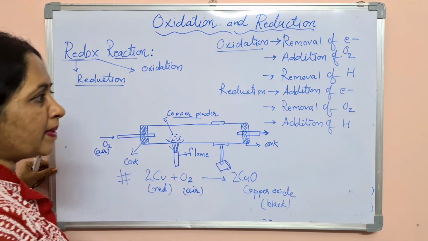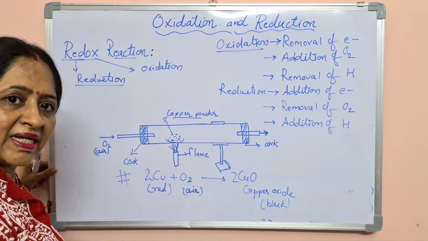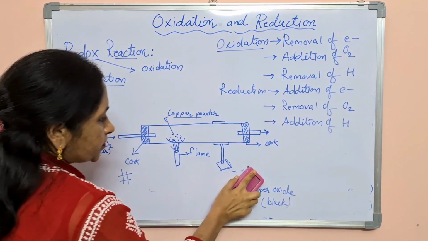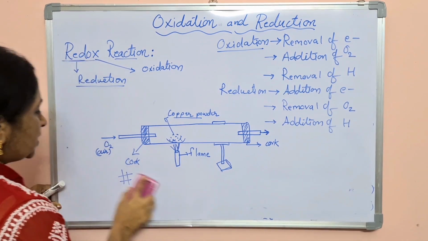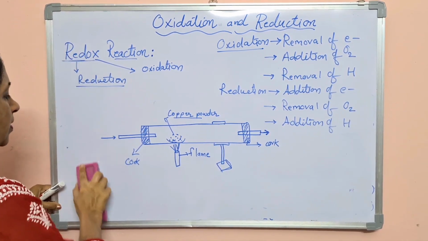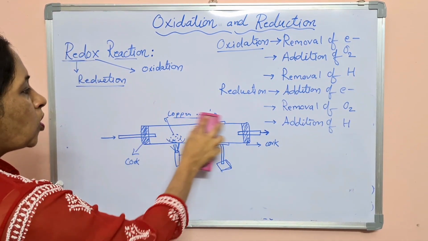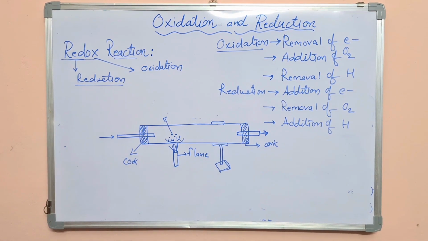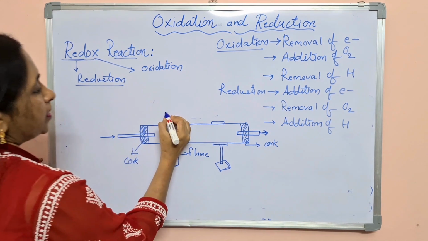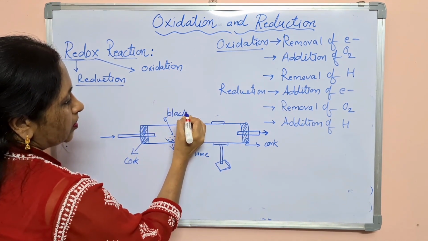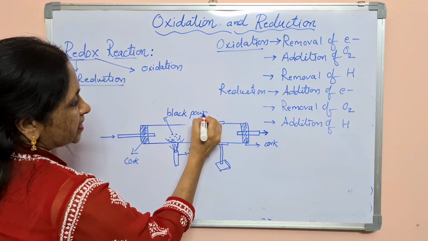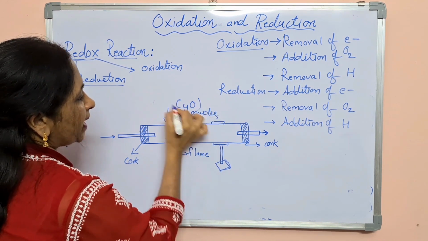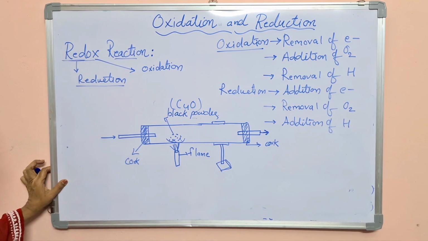In the same experiment, I will show you the reduction example also. So let's see. Now this is no more copper powder. It has turned black after the oxidation. It means that black color powder is present, and this black color powder is copper oxide.